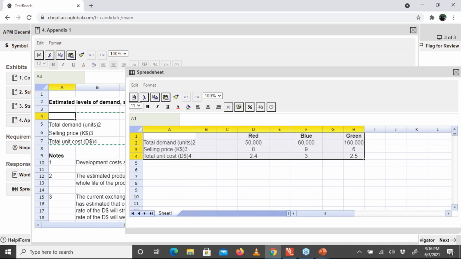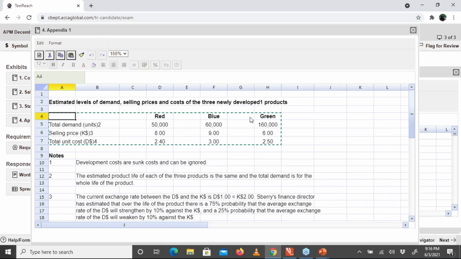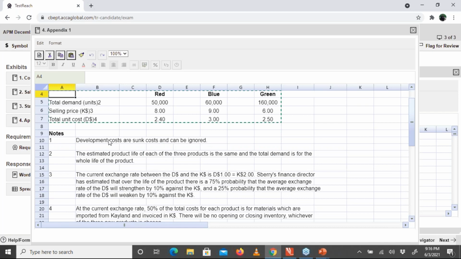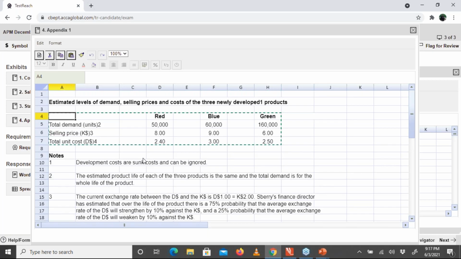Okay, now what next is there? It says development costs are sunk costs and can be ignored. Okay, so we ignore it. Then it says the estimated life of each of the three products is the same, and the total demand is for the whole life of the product.